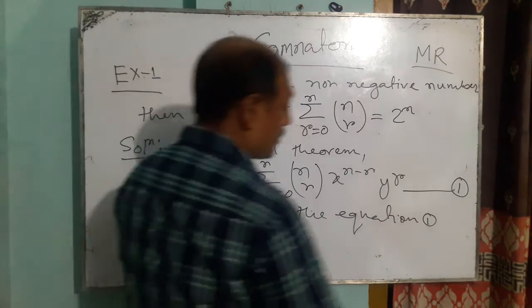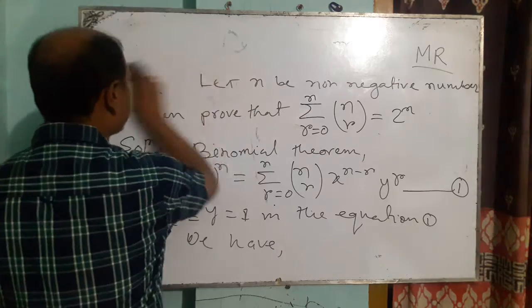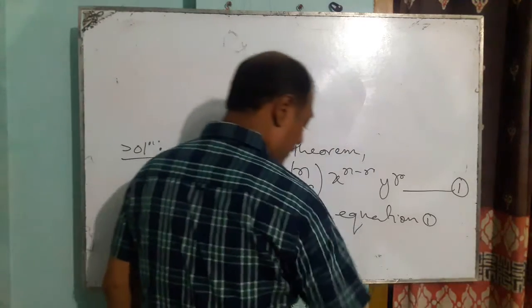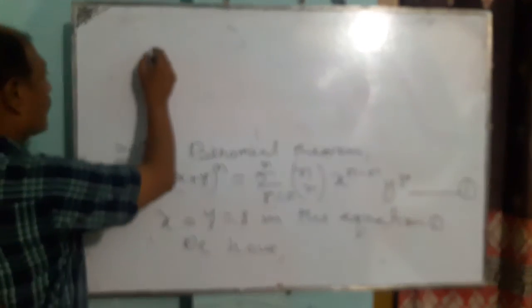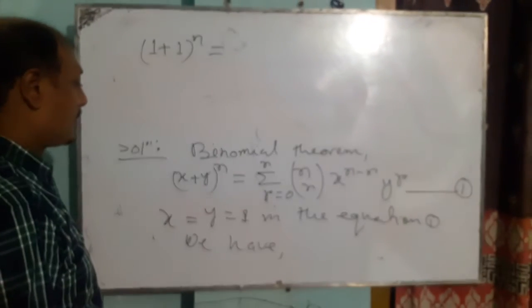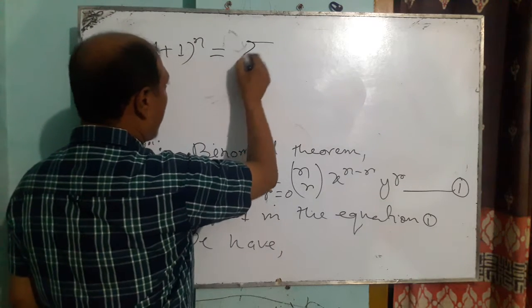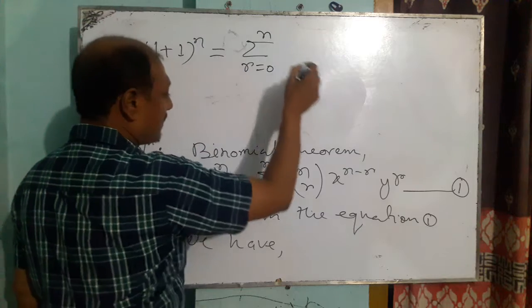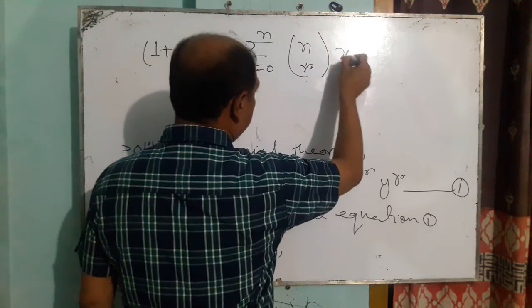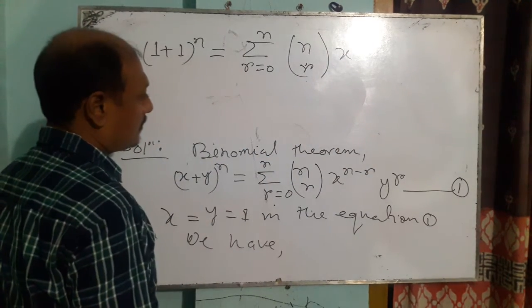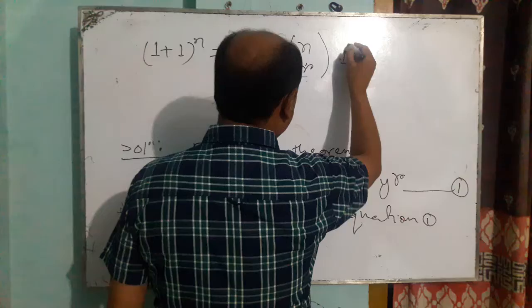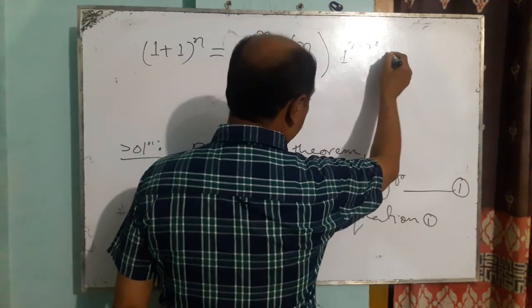We have from the equation (1 plus 1) to the power n equals summation r equal to 0 to n nCr 1 to the power n minus r, 1 to the power r.